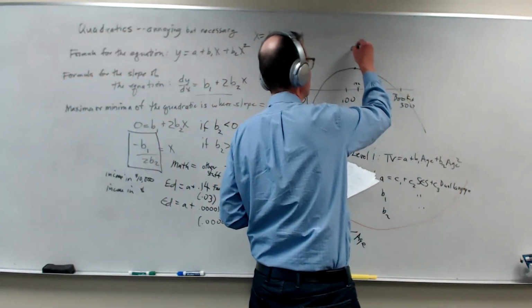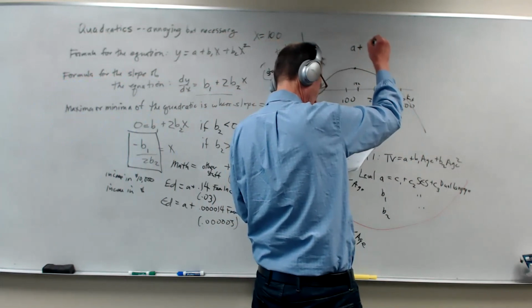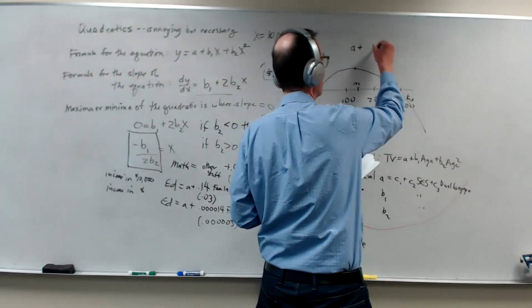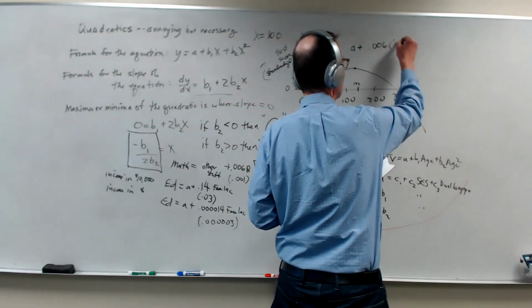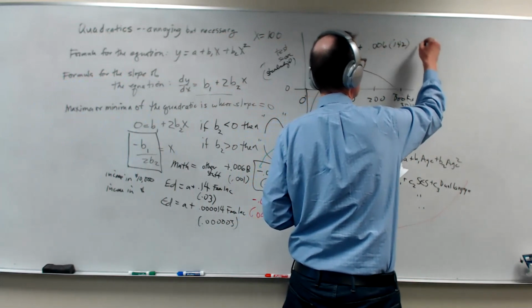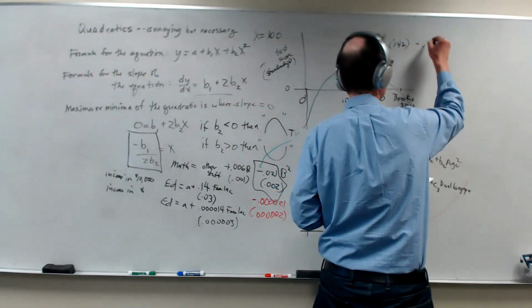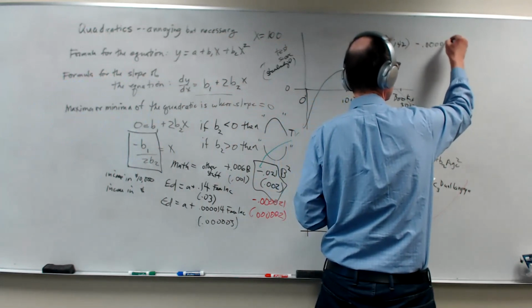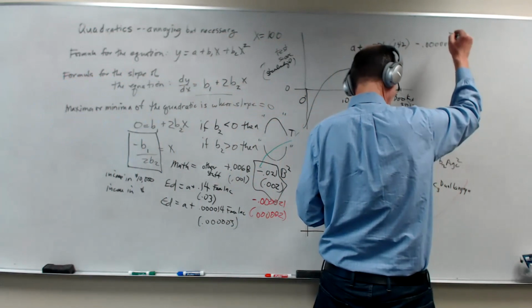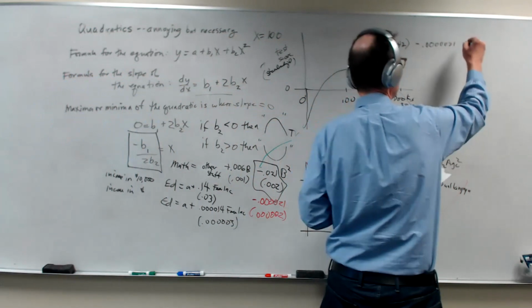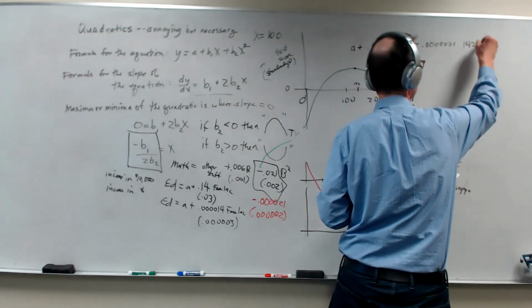And you're just getting a bunch of stuff plus 0.006 times 142 minus 0.000021 times 142 squared.